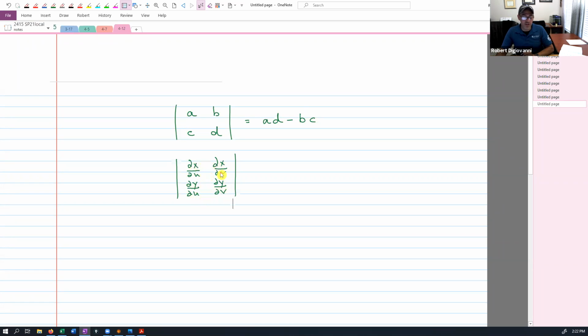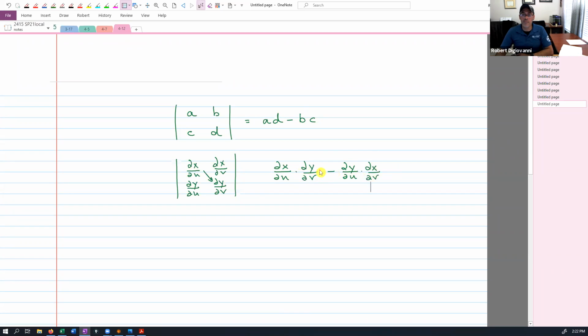If I ask you for the determinant of this matrix, you'll do this times this, which would be partial of x with respect to u times partial of y with respect to v, minus partial of y with respect to u times partial of x with respect to v.